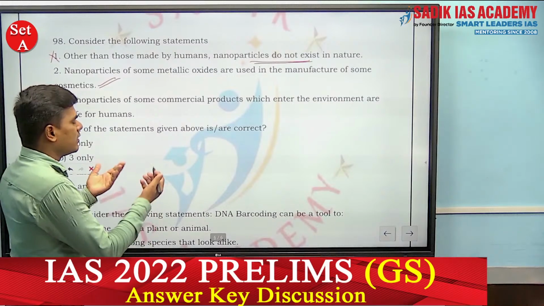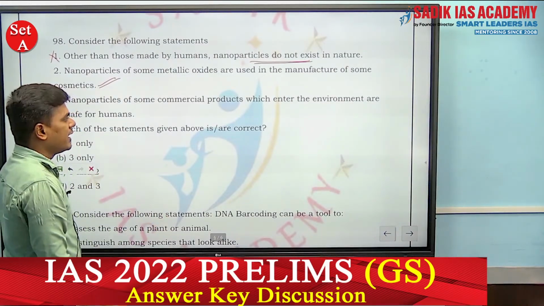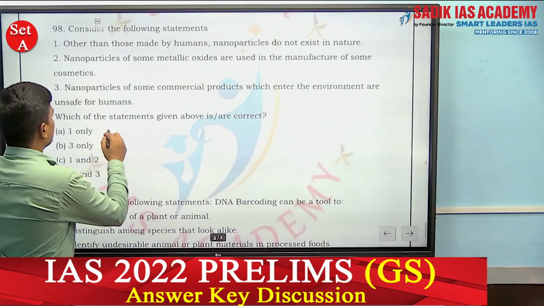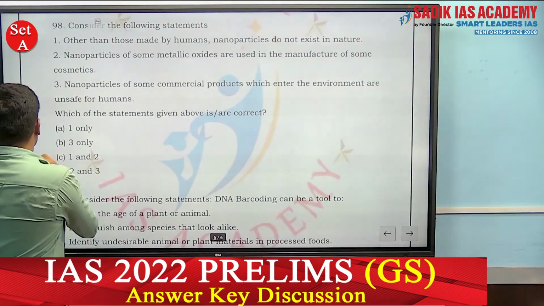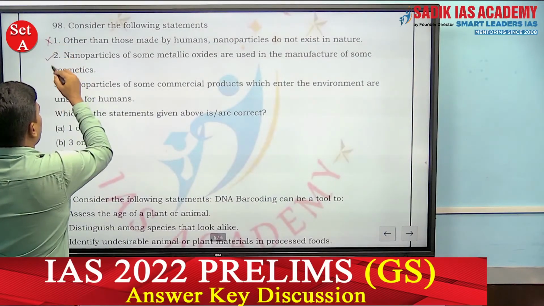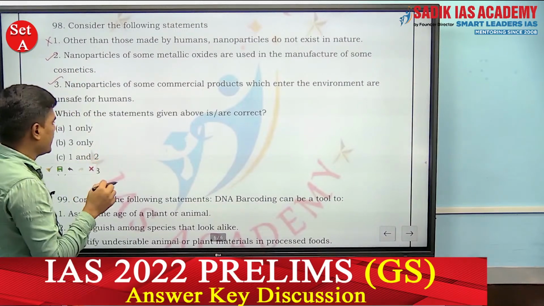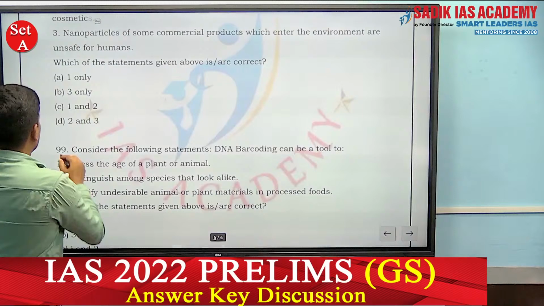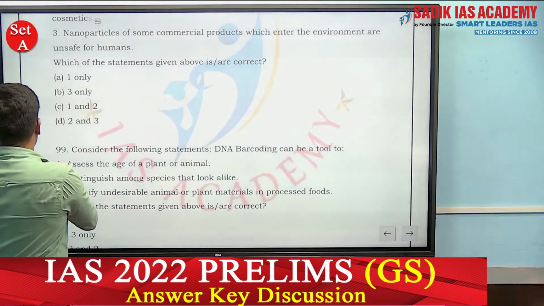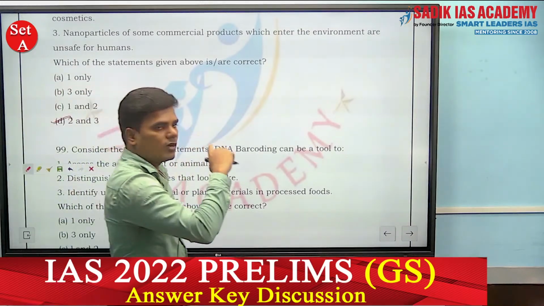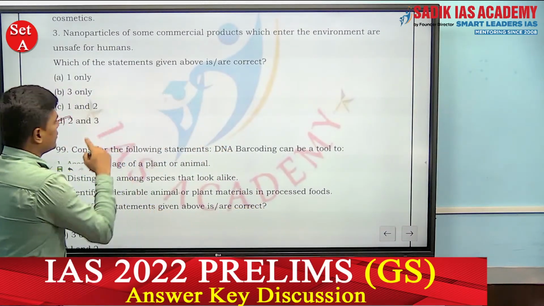Yes, it is the disadvantage of nanoparticles. When they enter the environment, they are going to affect the environment. Therefore, statement 1 is wrong, and statements 2 and 3 are correct. The option is going to be 2 and 3, which means option D is the correct answer for this question.